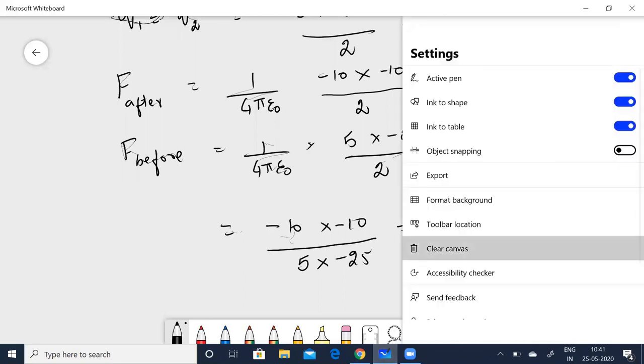Now look into this, children. They are in parallel, so the equivalent capacitance is 1 plus 1 plus 1, which is 3. Again, this is also in parallel, so that is also going to be 3. The capacitance is 3 farads.